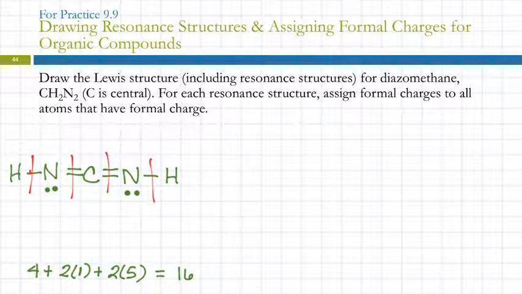So it says there are resonance structures. This is like a previous one. We had 2 double bonds. We could move one of these over here. We could make one triple bond and one single bond, right?